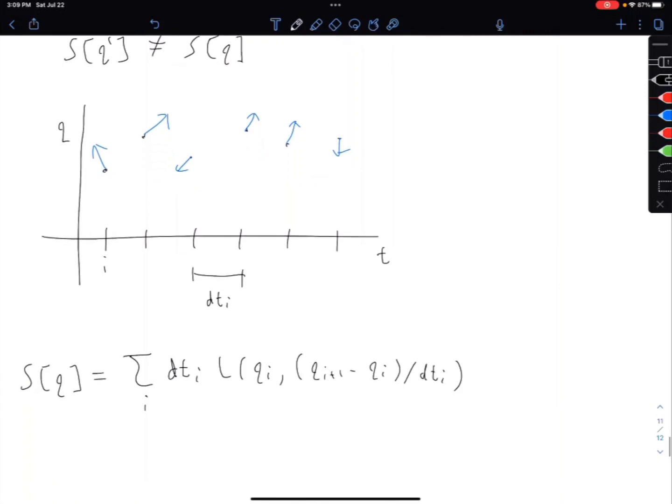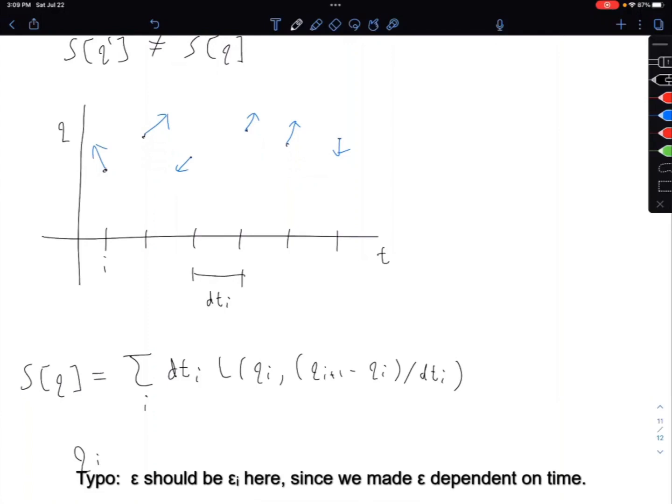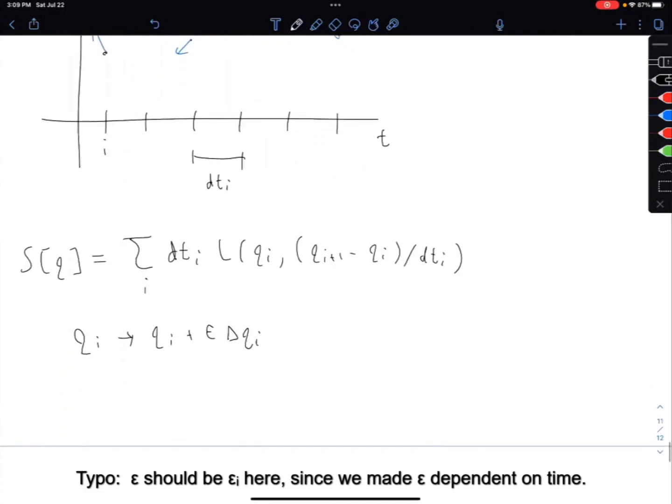Now what you see happens is that when you take q_i and change it to q_i plus epsilon times delta q_i, and dt_i, which equals t_{i+1} minus t_i by definition, will change to dt_i plus epsilon_{i+1} minus epsilon_i.